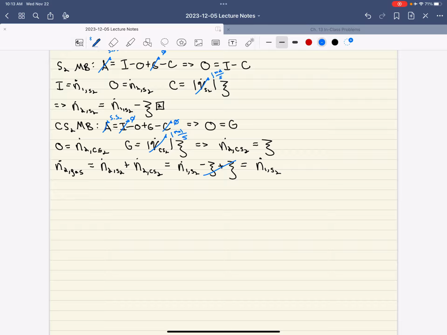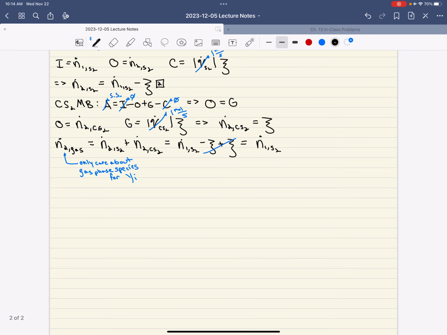And the total amount of moles is just going to be equal to N1S2. Okay? So just to emphasize, we only care about gas phase species for Yi. Okay? All right, so now that we have the total molar amount, we could write equations to describe the mole fractions.